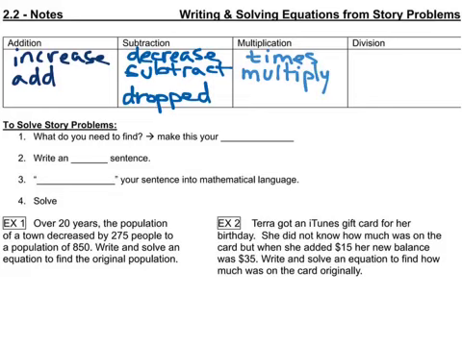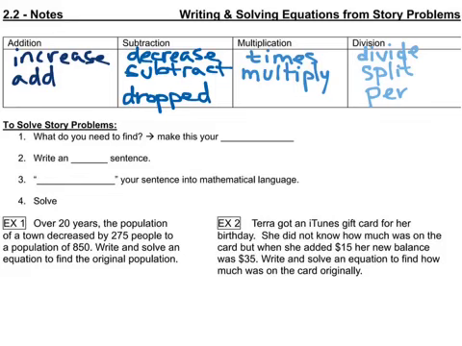And then, as far as division, we have divide, split. So if you were split into groups, you would be divided into groups, or sometimes you'll see per, which has to do with division as well. So that's that. Those are words that you'll see throughout these problems that will help you see what it's asking you to do.